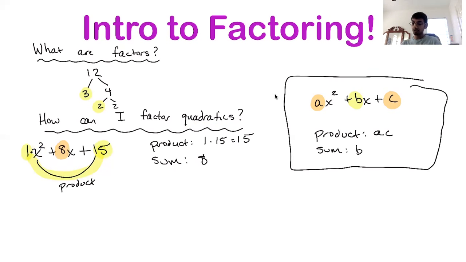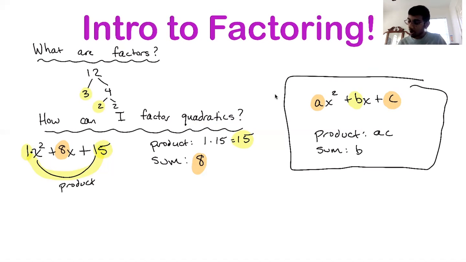So now we have to ask ourselves, what are two numbers that multiply to the number 15 and add up to the number 8? All right, think about that. Think in your mind. And here's the thing, right? This may not come naturally to you at first. It didn't come naturally to me when I was first learning this, but with a lot of practice, you'll be able to quickly think of two numbers that multiply to the product and also add up to the sum at the same time.